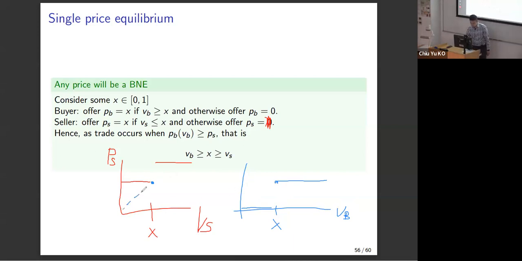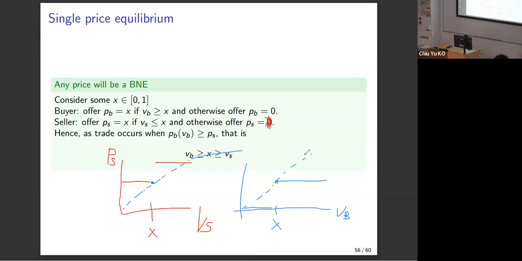So this is the 45-degree line here. And that would be the idea. What does it give us? The price in equilibrium is X, right? Because the buyer is saying, whenever my valuation is higher than X, I offer X. Otherwise, I offer 1.